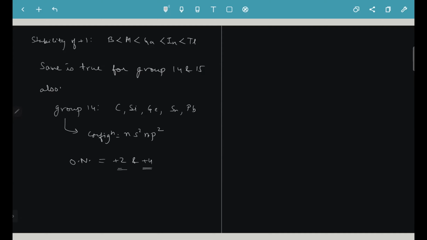It is found that up to the first 4 elements, stability of +4 is greater than +2, but for the last element, stability of +2 is greater than +4. For the last element, the lower oxidation state becomes more stable. The outermost s electrons become inert.